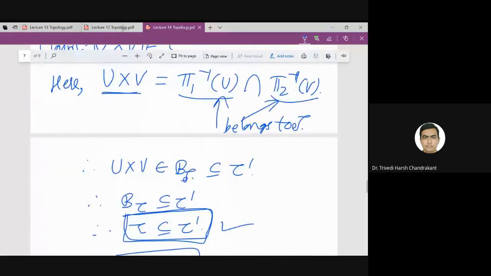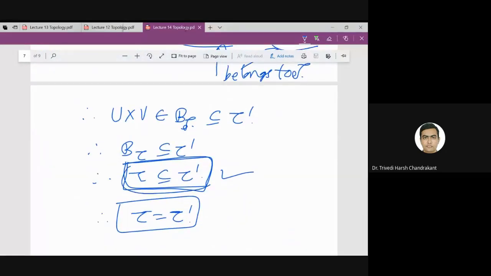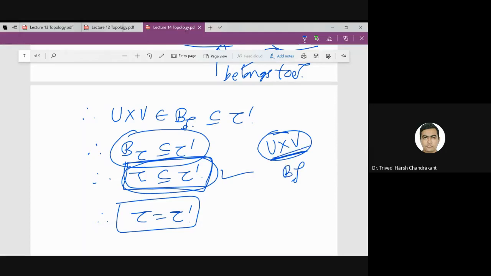And similarly, I want to show tau is contained in tau dash. For that I have to show every basis element of tau is open in tau dash. Tau is the product topology, so a basis element is of the form U cross V. If I can show this is open in the topology generated by S, that is enough. In fact we will show this is a basis element, because every basis element is open in the topology.